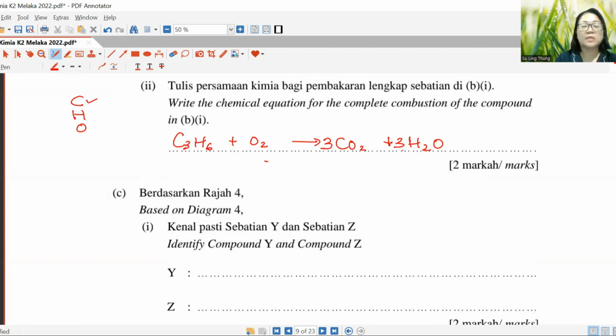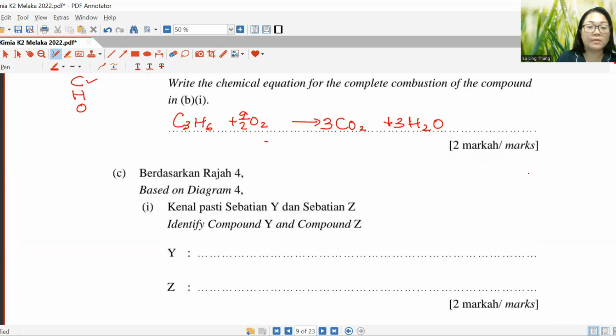Now let's count the number of oxygen on your right: 6 plus another 3, which is 9. Normally if you have odd numbers for alkene, the odd number will turn into a fraction, which is 9/2, because it cannot be balanced properly. So the only way is to turn it into over 2, in fraction form.